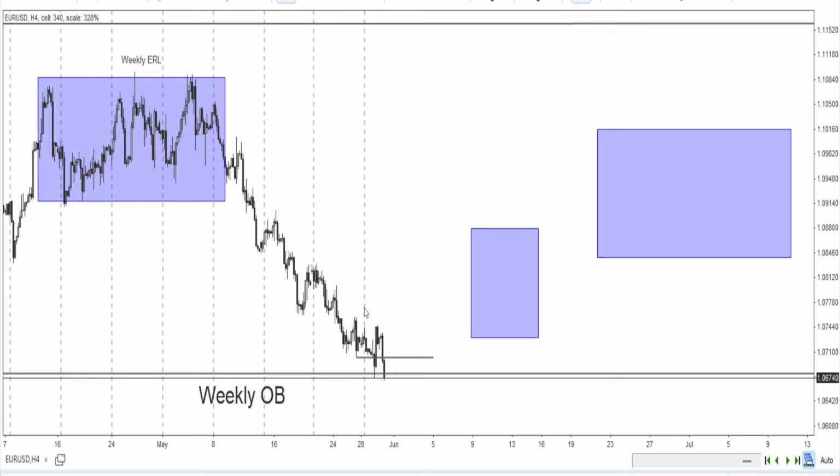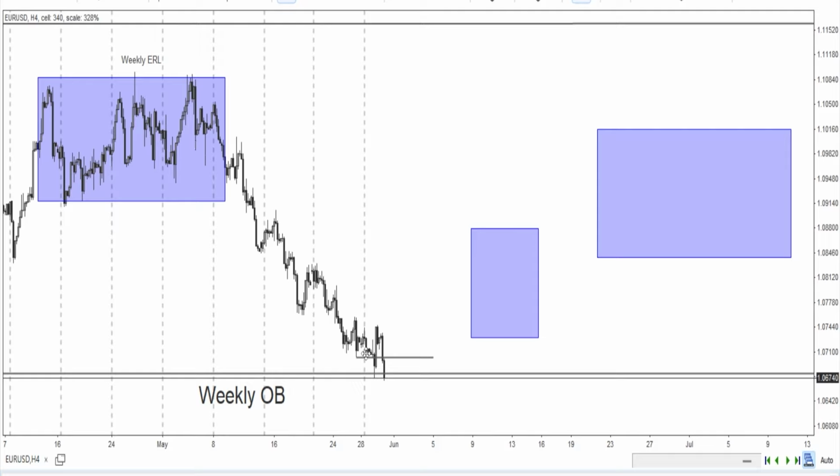So in this 4-hour time frame, we can frame a 4-hour market maker buy model to this weekly external range liquidity and also this weekly bearish order block in the premium. So we know already that weekly key level produces 4-hour expansions. If it is aligned with weekly and monthly candle formation, we can aim for higher targets.